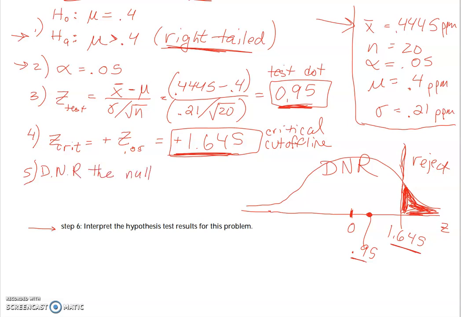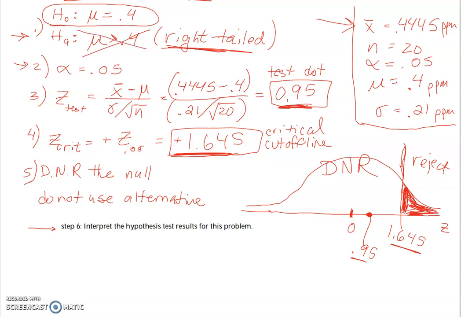You can write it out the long way if you want. If we're not rejecting the null, then we're not using the alternative. So, do not use alternative, because obviously we're not rejecting the null. So we're not rejecting the null hypothesis, and we're not using the alternative.